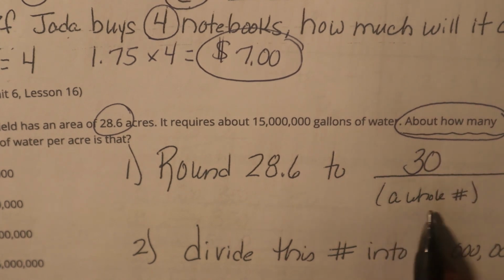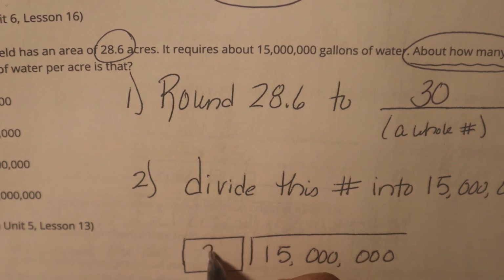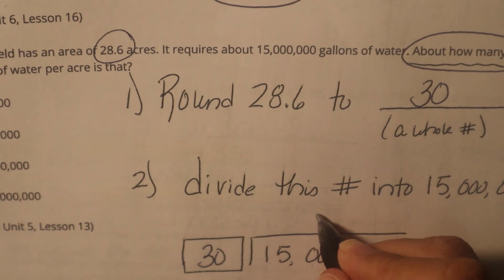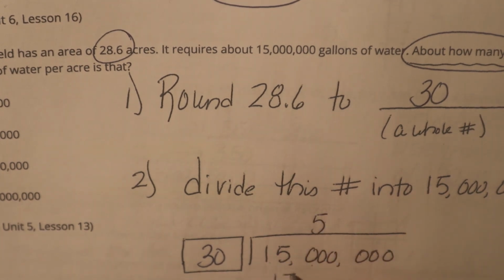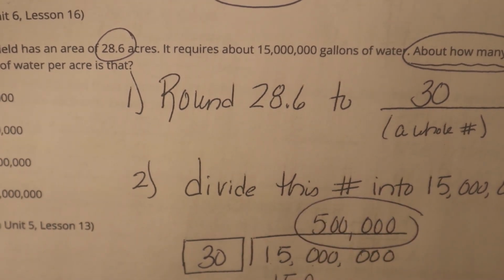I gave you a hint, a whole number. Step 2 is simply then to take that 30 and divide it into the 15 million. Well, 30 goes into 150 5 times. So the rest, simply going to fill in with zeros. So our answer is 500,000.